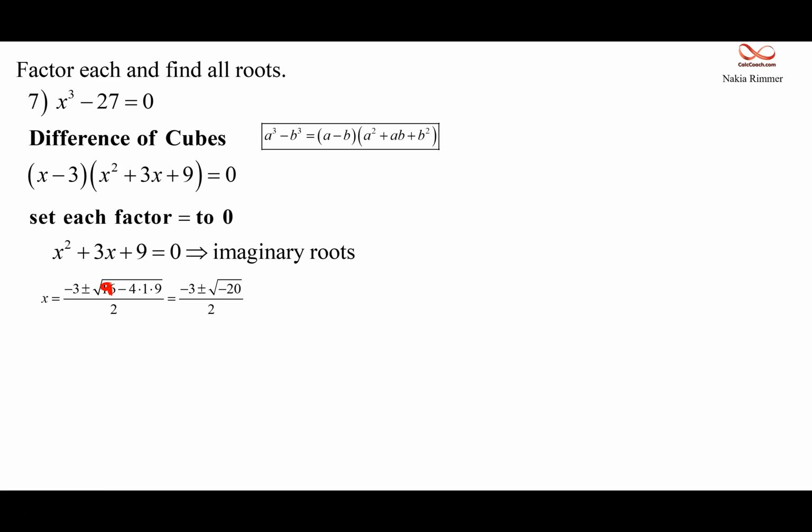So that's going to be 9 minus 36 is -27. And that's going to then be 3 root 3. And then you'll divide and have -3/2 plus or minus 3/2 root 3.